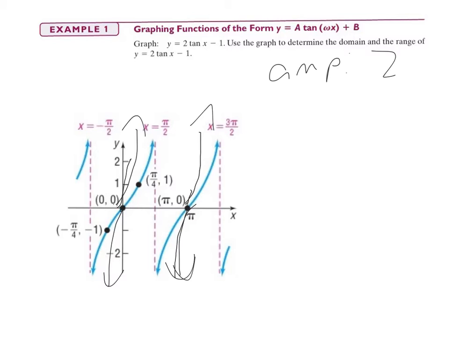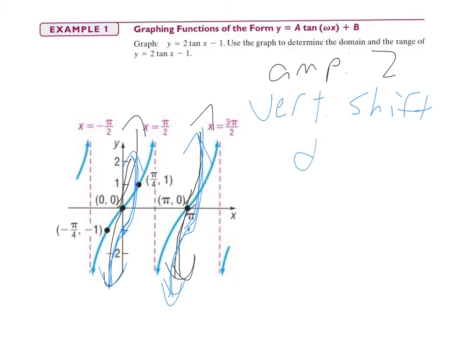But now each of these branches, like the intercept, would be shifted down 1 unit. So that'd be like this. So it'd actually be the blue graph down here. Because the minus 1 tells you that the vertical shift is down 1 unit.